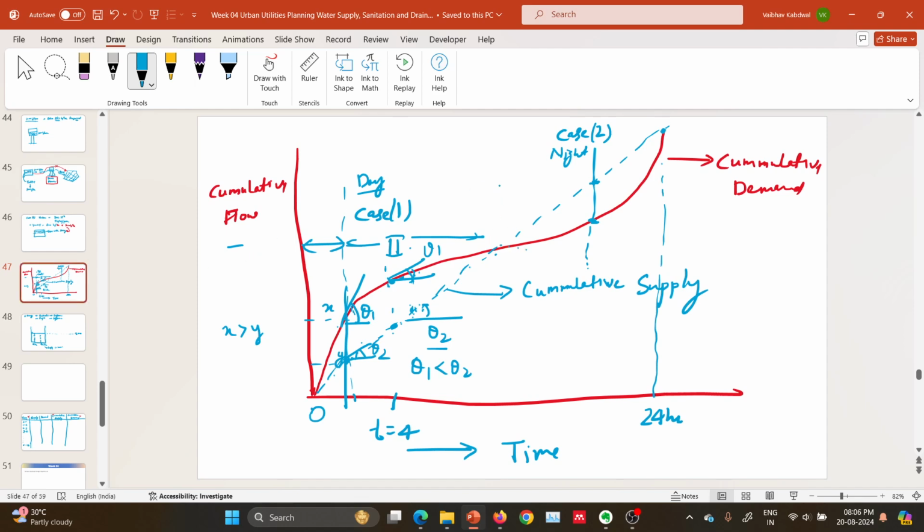Then what is happening in the third zone? We can see again this theta, this is theta 2, theta 1.